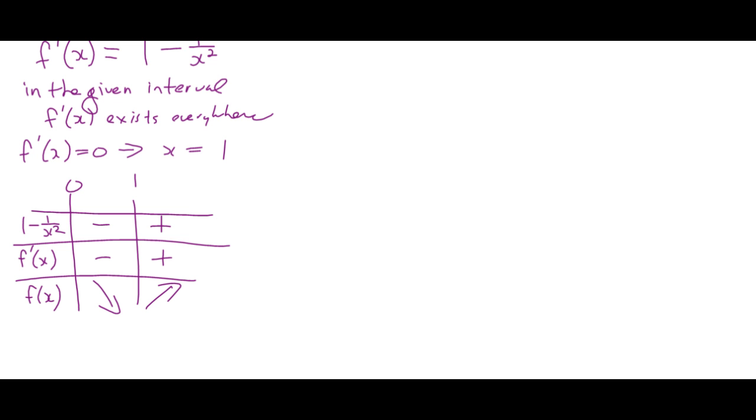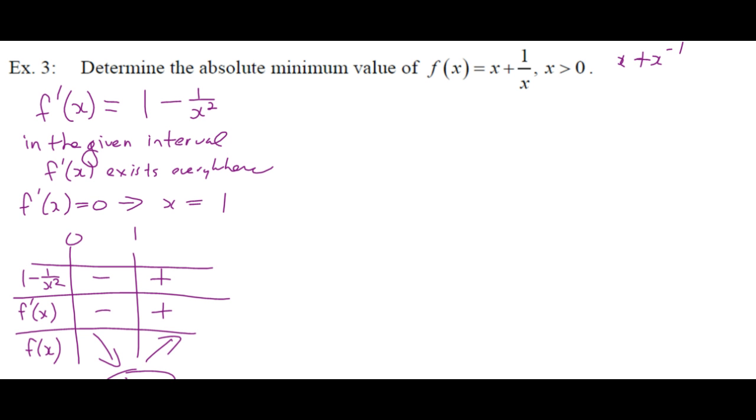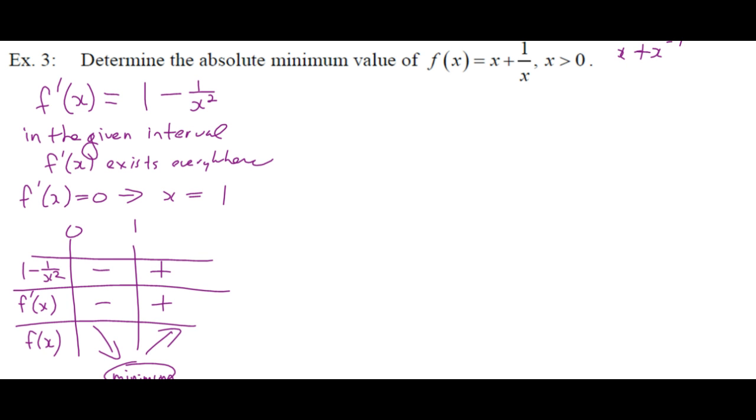So we got a down and an up, right? So that tells us here we have a minimum. Determine the absolute minimum value. Okay, so we've got a minimum when x is equal to 1, f of 1 is equal to 2.